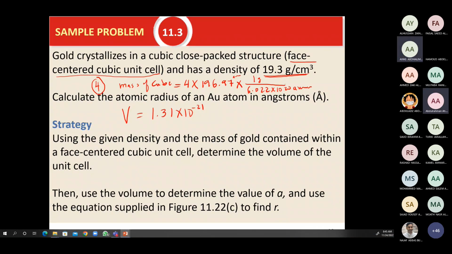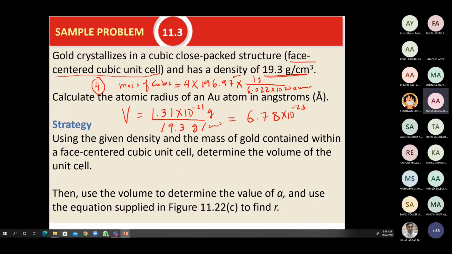This is in gram now; for the volume, divide by the density, which is 19.3 gram per centimeter cube, and you have the volume. What's the volume? 6.78 times 10 to the power minus 23.